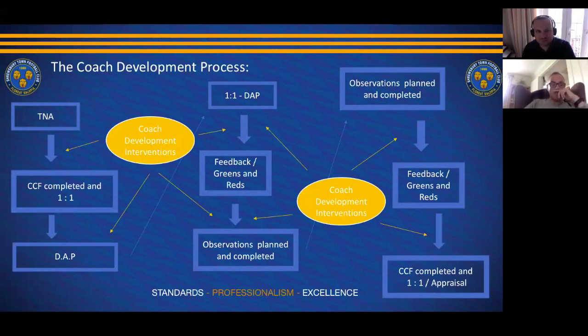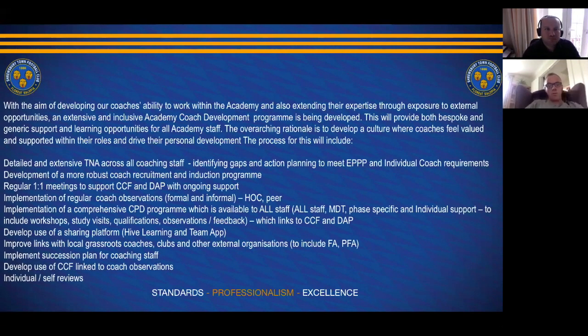That, I guess, is a more wordy sort of slide, which again shows some of that stuff. So extensive training needs to identify gaps and then action plan what people need to meet the individual coach's requirements. Making sure we've got a robust recruitment and induction process to support them, regular one-to-one support, and so on and so on.